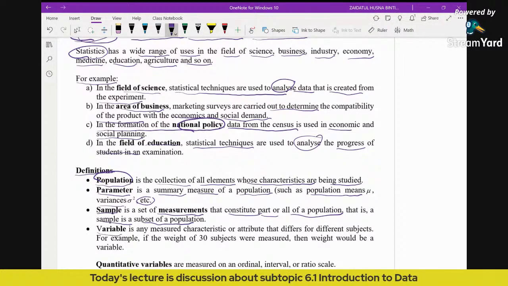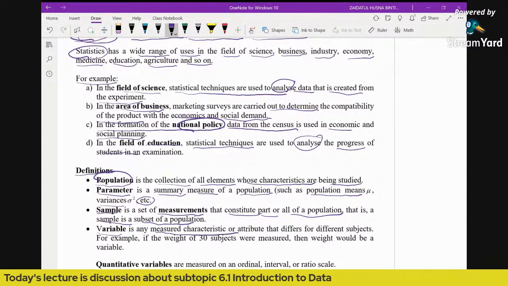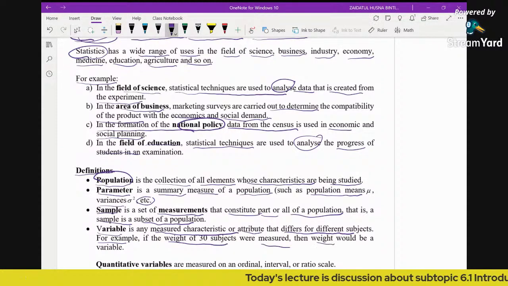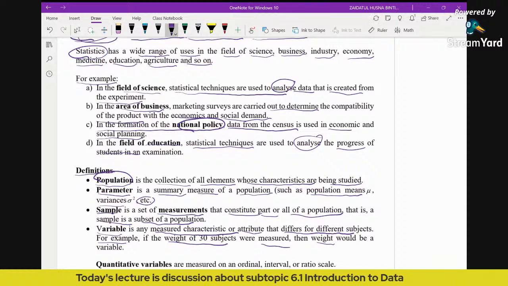And then a variable is any measured characteristic or attribute that differs for different subjects. For example, if the weight of 30 subjects were measured, then weight would be a variable. So a variable is something that we look into, what to study.